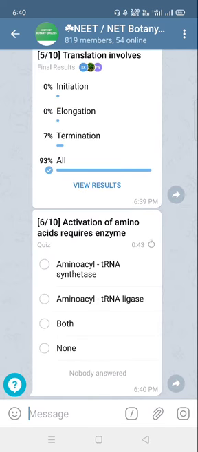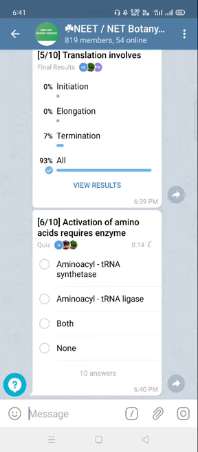Activation of amino acids requires the enzyme aminoacyl transfer RNA synthetase and then aminoacyl transfer RNA ligase. So the correct answer is option C, both. It involves both enzymes for attaching the amino acids to transfer RNA, and the transfer RNA activation involves ATP.